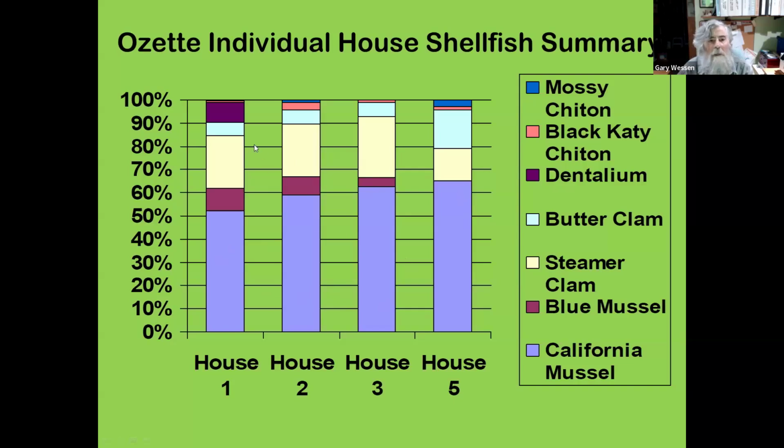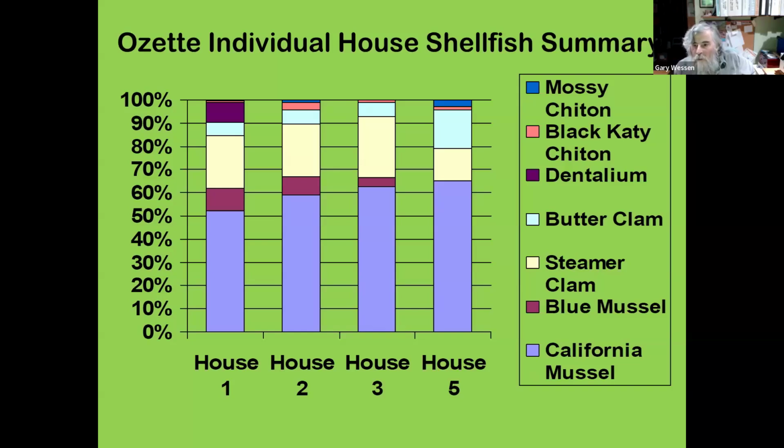Further, if we look at the ratio of steamer clams to butter clams, the ratio of steamers to butters in house 1, house 2, house 3 is similar. It's different in house 4. Now, we know from oral history and ethnographic accounts that the right to take shellfish was controlled by lineal groups. Not anybody in town could go dig shellfish anywhere they wanted.